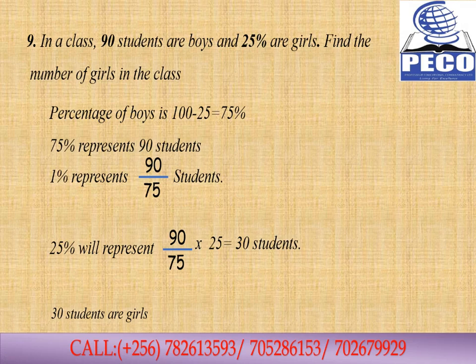So 1% is equivalent to 90 out of 75. How about 25%? We just multiply 90 out of 75 times 25, and that will give us 30 students who are girls. So if 30 students are girls and 90 are boys, then the total number of students in the class is 120, much as that was not asked. If 90 are boys and 30 are girls, the total number in class will be 30 plus 90, which gives us 120. But that was by the way.